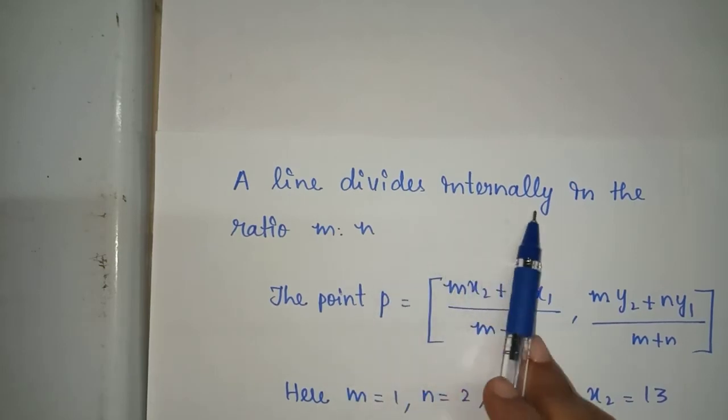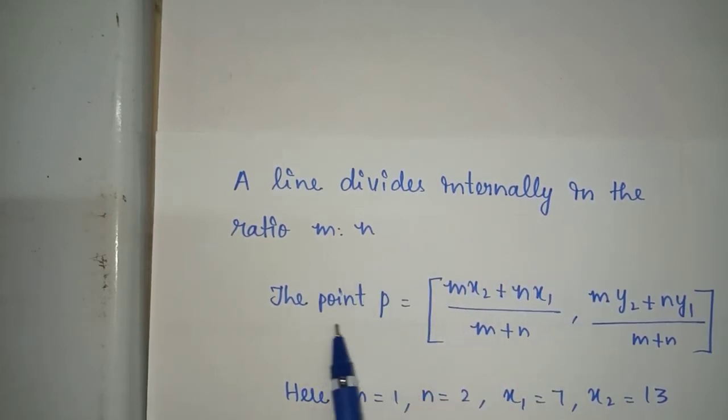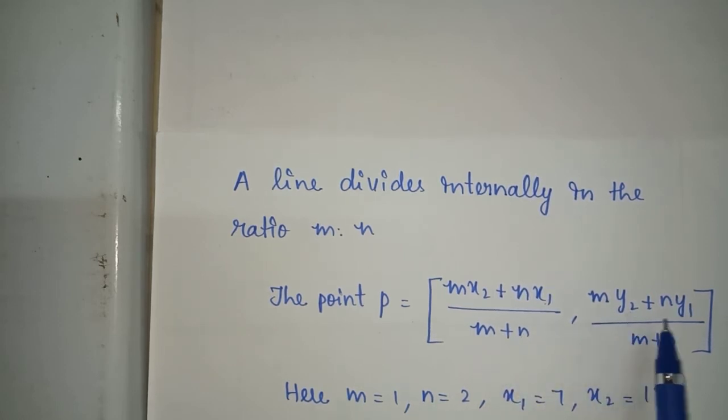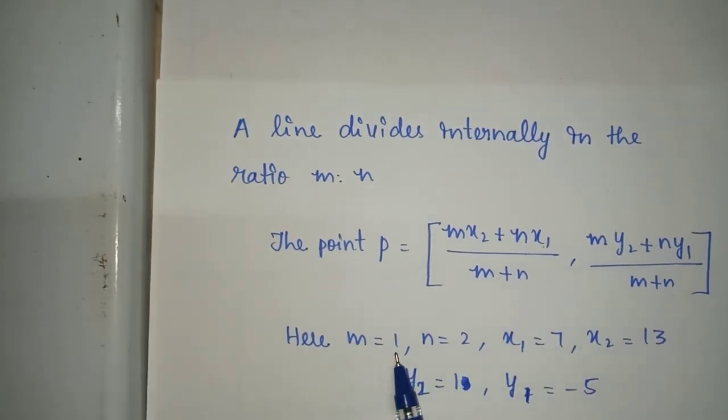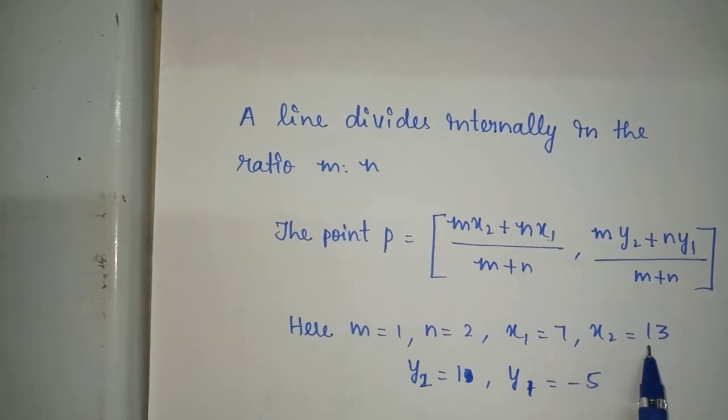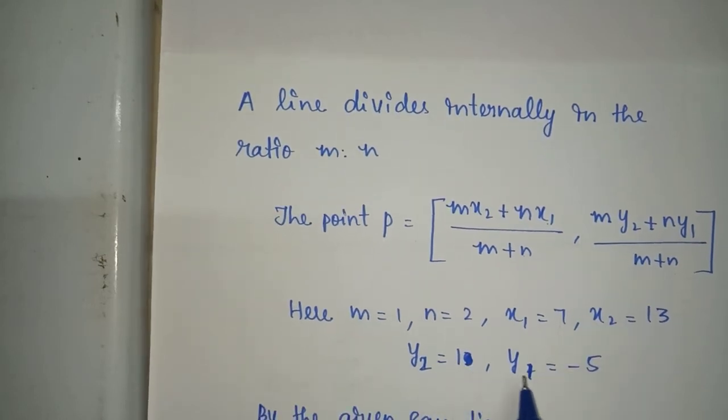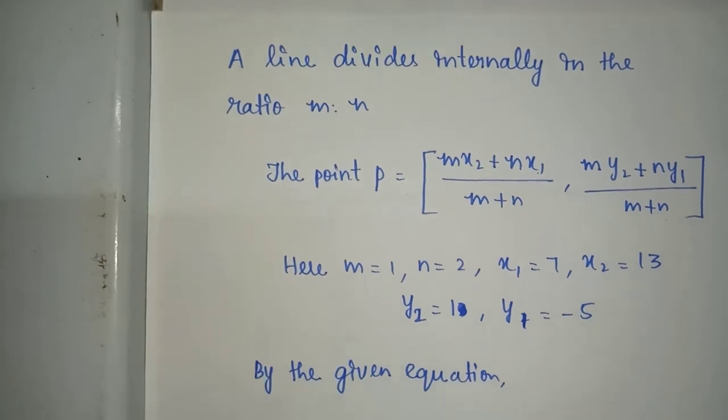A line divides internally in the ratio m:n. The point P is equal to mx2 plus nx1 divided by m plus n, my2 plus ny1 divided by m plus n. Here the value of m is equal to 1, n is equal to 2, x1 is 7, x2 is 13, y2 is 1, y1 is minus 5.